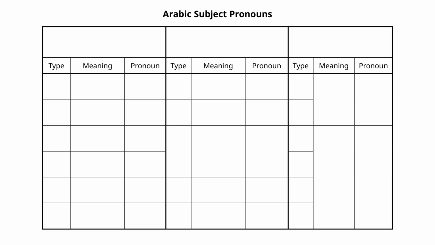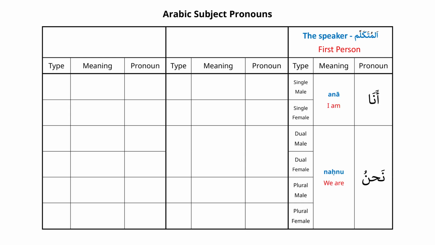ضمائر الفاعل. As you know, we have 3 different categories when talking about pronouns or any grammatical forms in this matter. First person, المتكلم, which has only 2 pronouns, أنا and نحن.